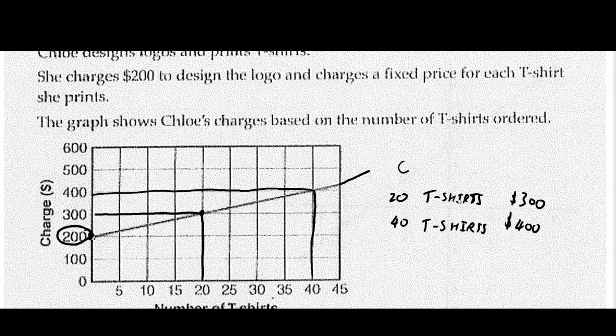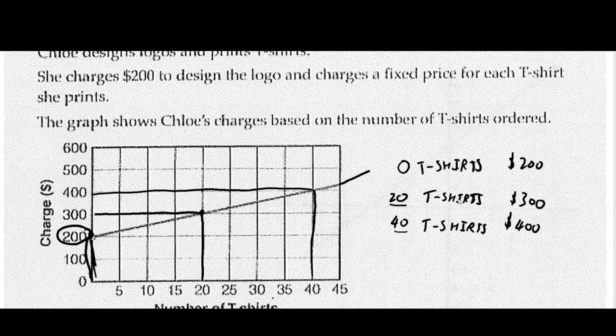All right, so at 0 t-shirts, because over here is 0, at 0 t-shirts it's 200. Okay, so for every 20, so we increased by 20 here to the next one, this has gone up by 100. It's gone up by 100. Another 20, it goes up by 100.